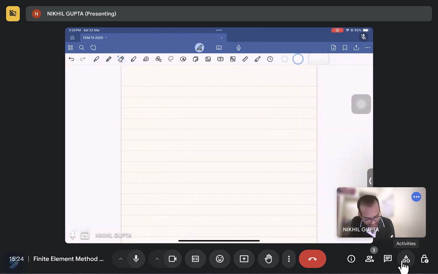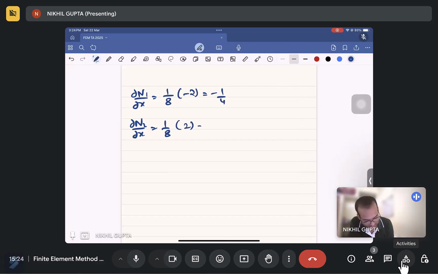For dN1 by dx, it will be 1 by 8 into minus 2, which is minus 1 by 4. Del N2 by del x is 1 by 8 into 2, which is 1 by 4. Then del N3 by del x is 1 by 8 into 0, which is 0. And del N4 is not required, I think. Del N4 is not there.